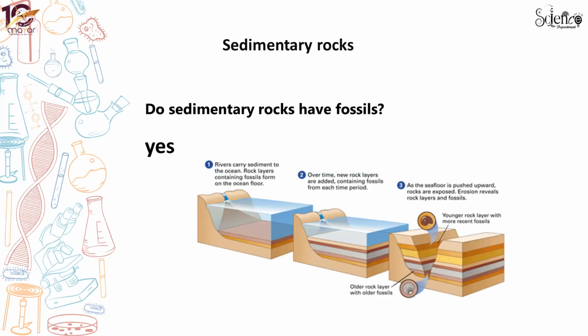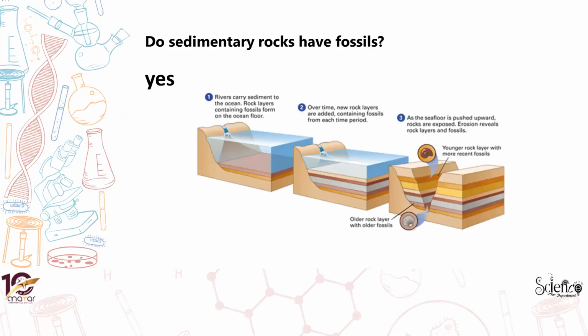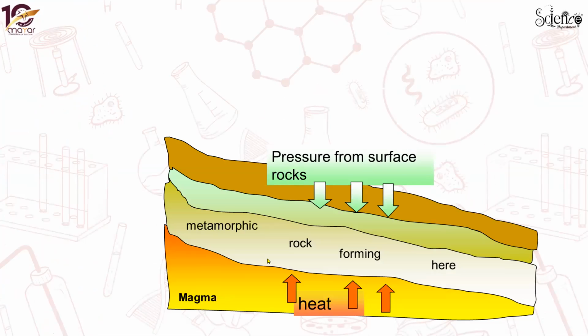So if I have a print, a tissue, a shell, a bone, any organic matter that is left behind, it is going to be covered with other sediments and cemented with the rock as a part of the rock. So yes, of course, sedimentary rocks do have fossils, and mainly all types of fossils are found in sedimentary rocks.